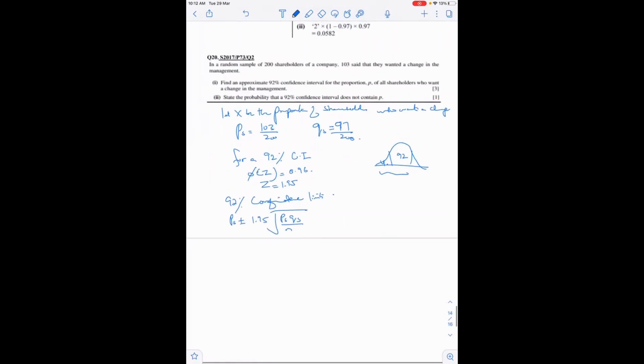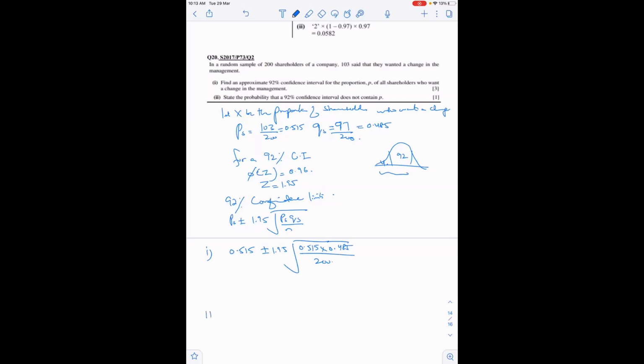So it's going to be 103 divided by 200, which is 0.515, and 0.485. So 0.515 plus minus 1.75 into square root of 0.515 into 0.485 upon 200. This will give you the answer for the first part.